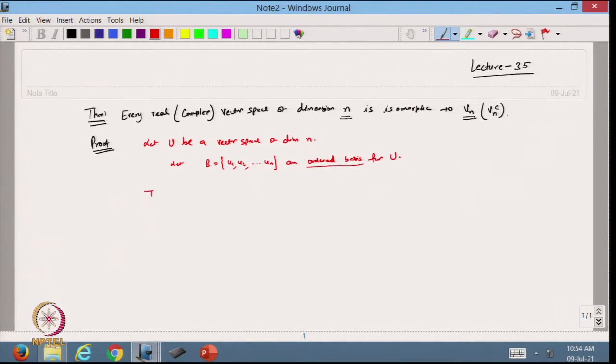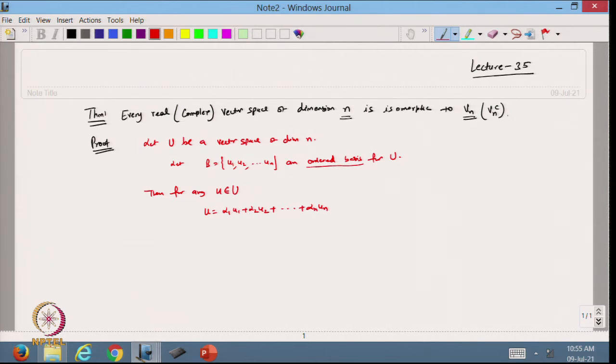Then for any u belonging to U, I just take any element u, we can write u as alpha 1 u1 plus alpha 2 u2 plus ... plus alpha n un. This one I can write because this is the ordered basis.